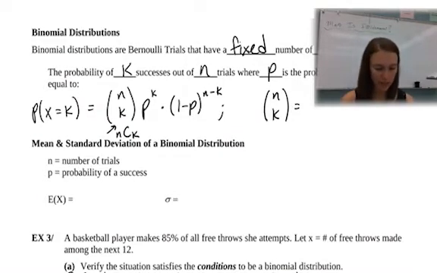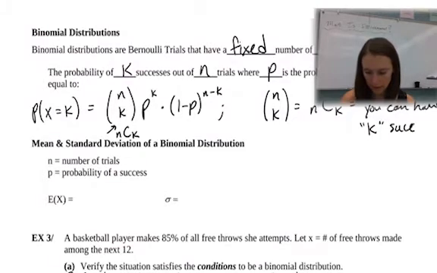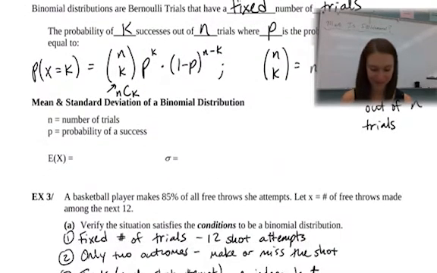It's just notation, NCK, and this equals the number of ways you can have K successes out of N trials. I will give you an example.